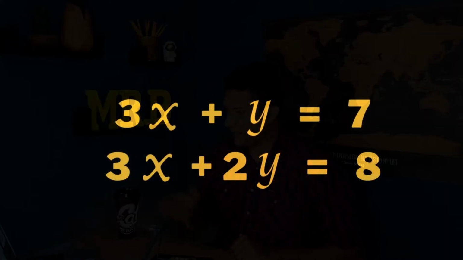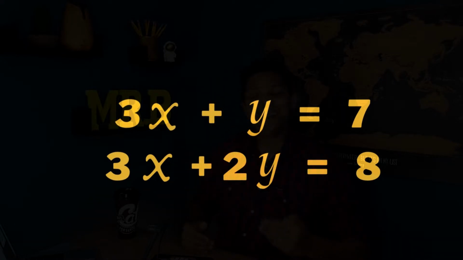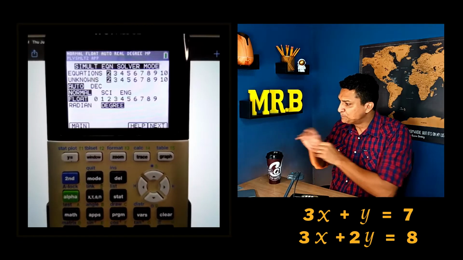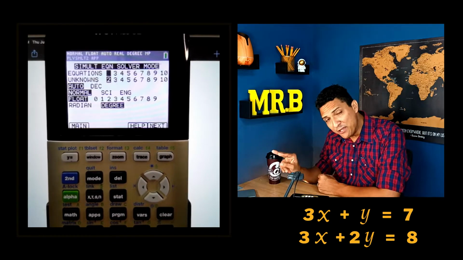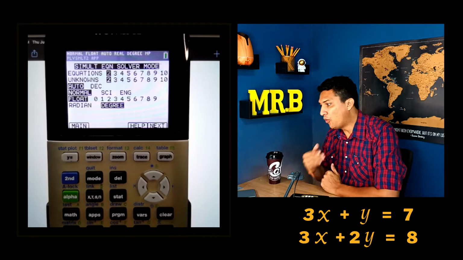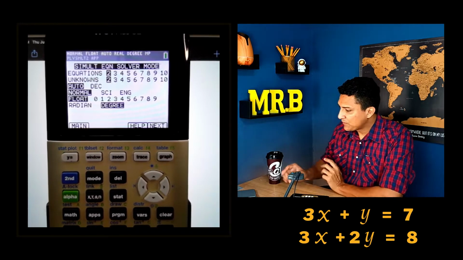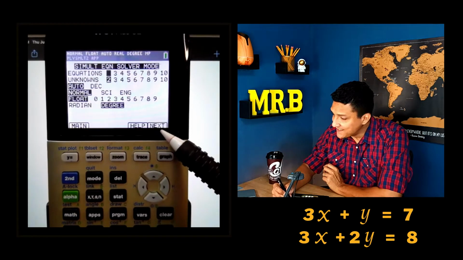You can see in front here the equation I'm gonna be using. It is 3x plus y equals 7, and the other one is 3x plus 2y equals 8. That is what we're gonna work with. So notice that in the calculator, what I'm gonna set is that there are 2 equations and 2 unknowns or 2 variables. Once I have set that, now I need to select the option that says next.